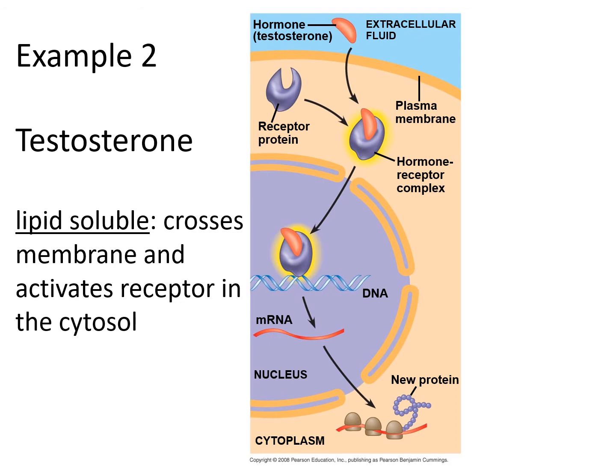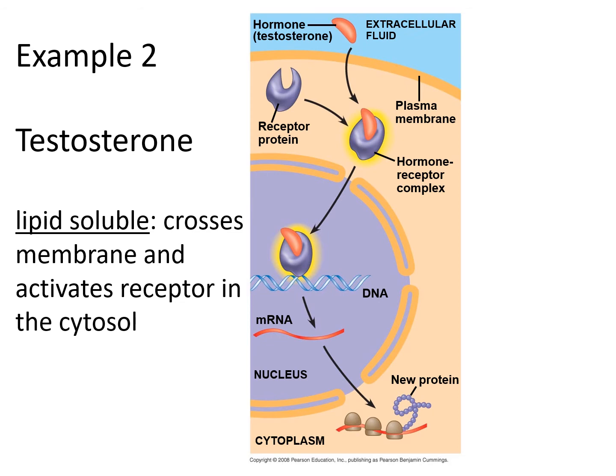So testosterone will diffuse into a cell, and if there's an appropriate receptor there, that receptor will move into the nucleus, and then this receptor will activate or deactivate certain genes within the nucleus. So this is a receptor that directly modifies gene expression. By that I mean whether or not certain genes are used.